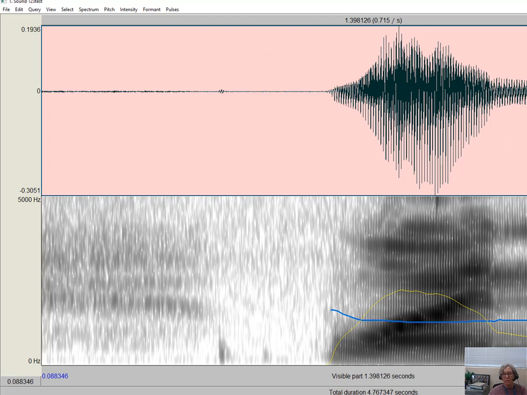You can now see that part of the sound file right there. If I want to verify that I have only selected the word 1, I can click here on the visible part. 1. And there we do have the visible part.